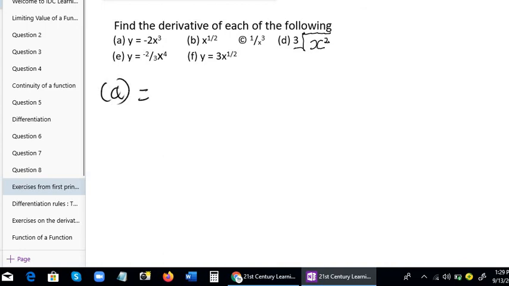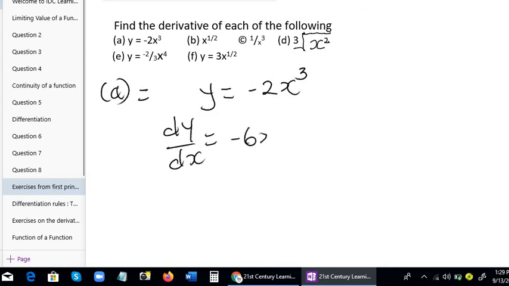For the first one, y equals minus 2x cubed. dy/dx will give us 3 times minus 2, give us minus 6, right? That's the first thing to do. Okay, now subtract 1 from the power, that is all. 3 minus 1 will give you 2. Is it right? I have my answer.